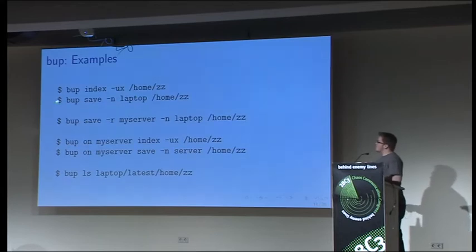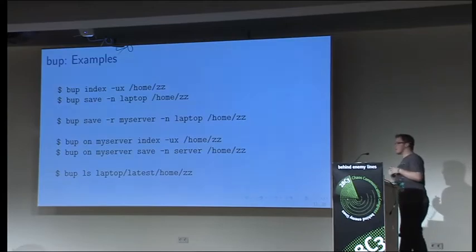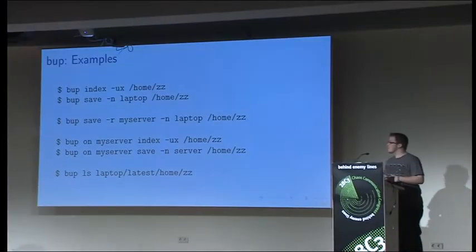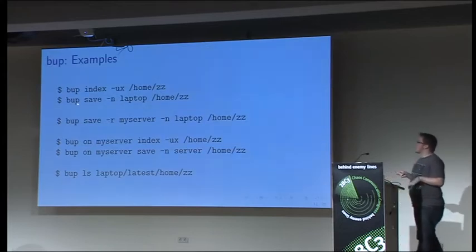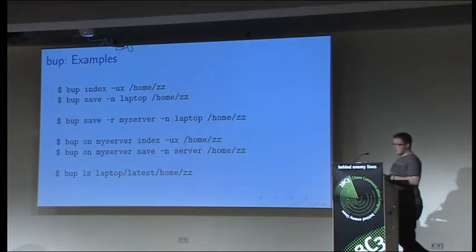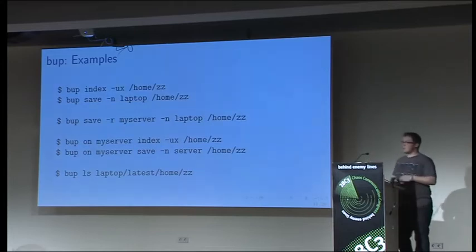And the save step traverses this index. This has the advantage that we have a progress bar that is reliable, not like a Windows progress bar, if you know the XKCD. Yeah, the save step traverses the index, writes all needed stuff to the repository, and creates a commit.